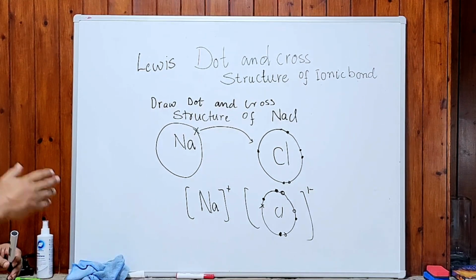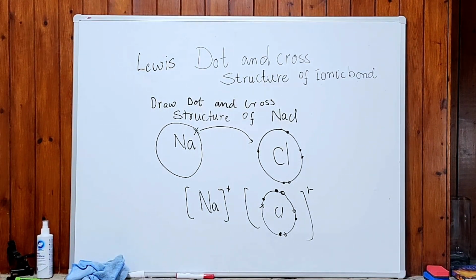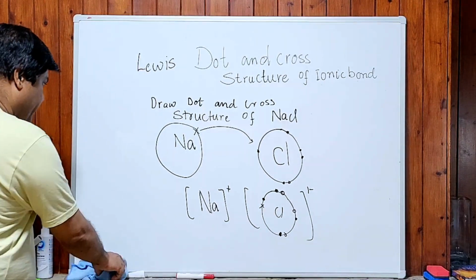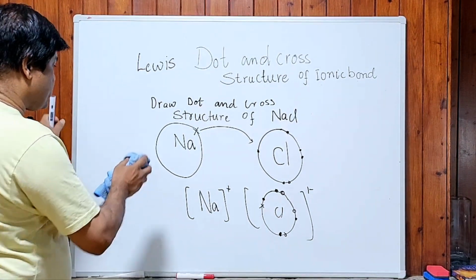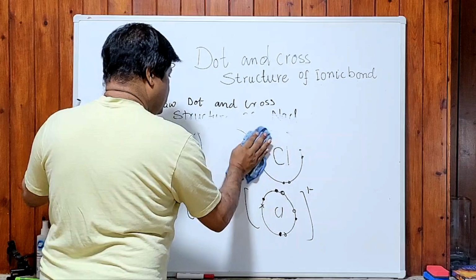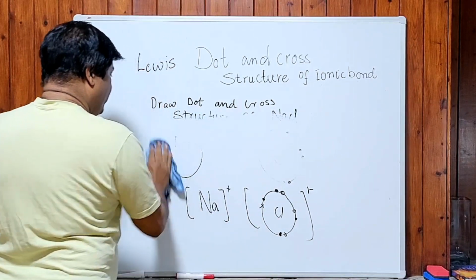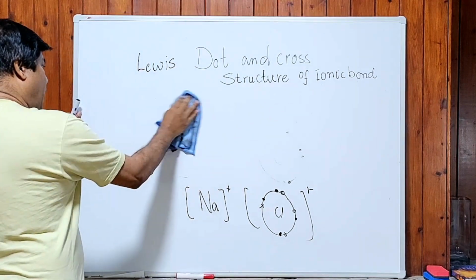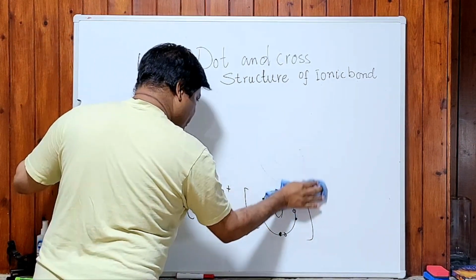Let's do some more examples of Lewis dot and cross structure. Okay, I will give you one more example. Now we have taken sodium from group 1 metal and a non-metal from group 7.